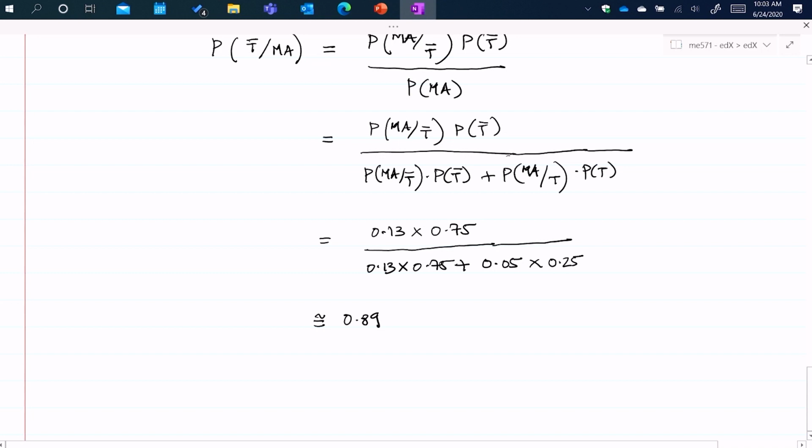So for a recent hire in group A who made a mistake, the probability that the person has not had a training class is 89%.